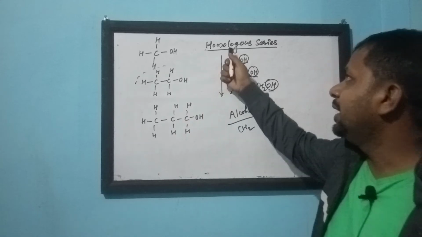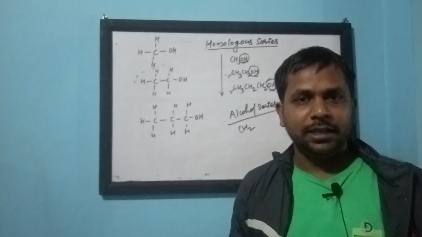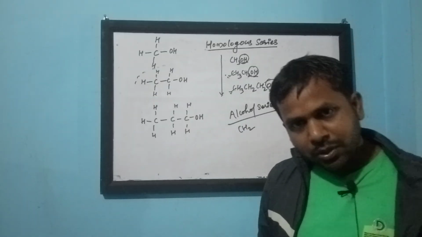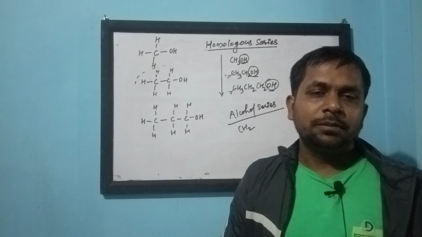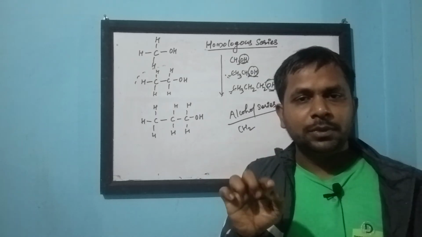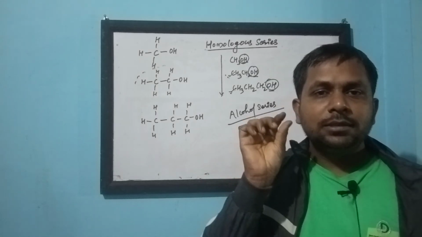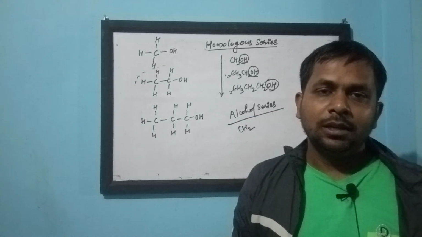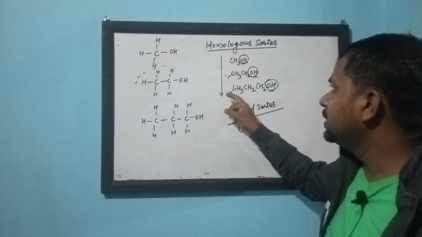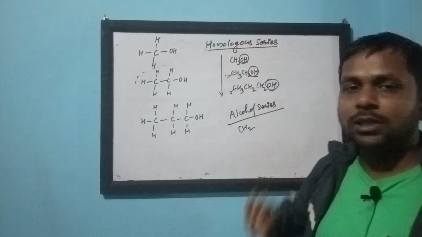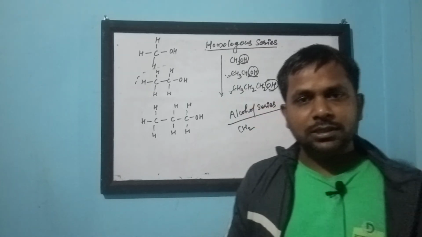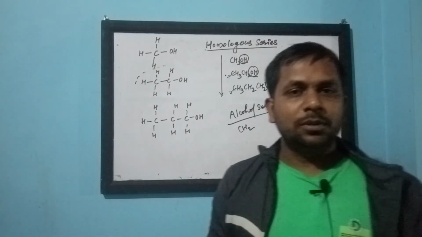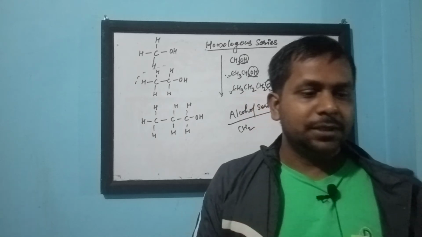So we define the homologous series like this: a series of compounds that differ from each other by a CH2 group and contain the same functional group is known as a homologous series. I hope you understood this. If there is still any problem, you can comment.